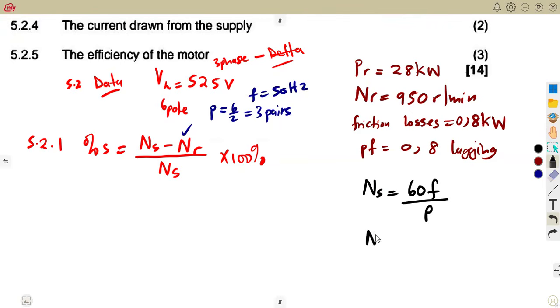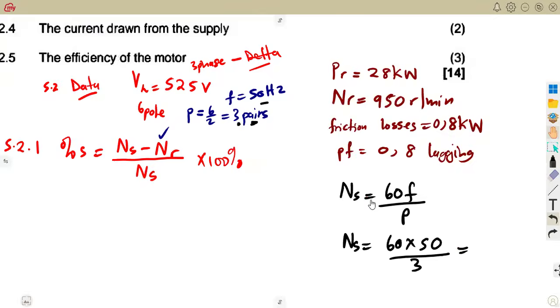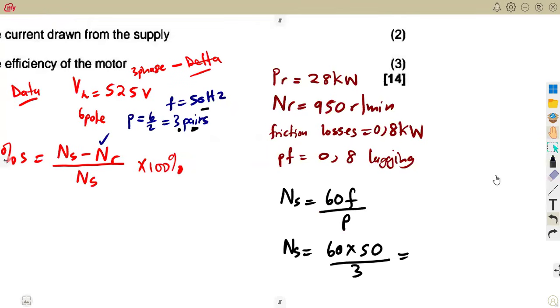This is simply a matter of substituting into the formula, because we have the frequency at 50 hertz, and the number of pole pairs, P, which is 3. That was going to give us the speed, which is 1000 revs per minute.